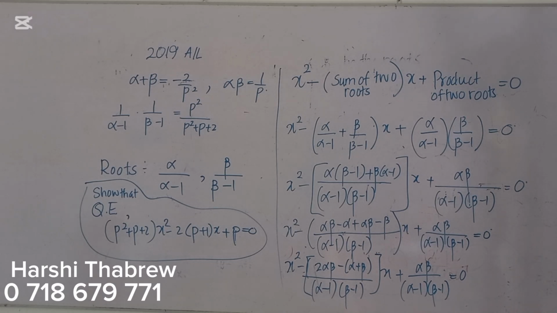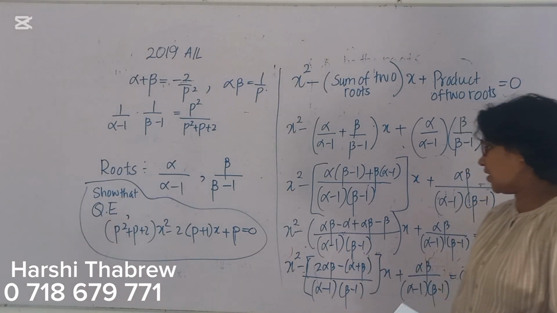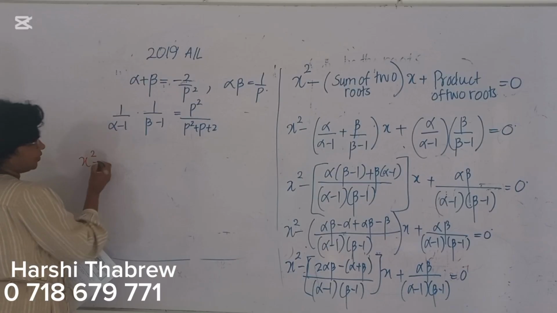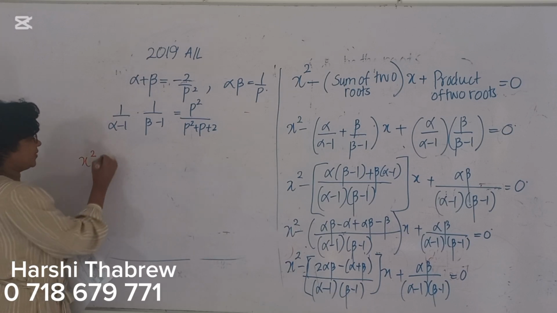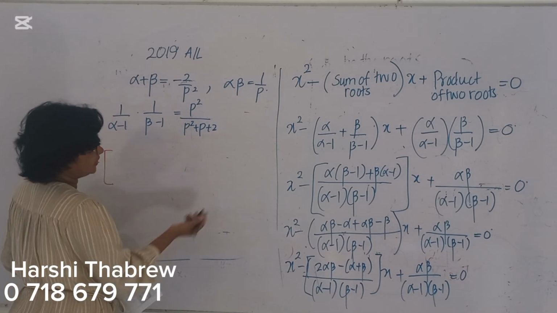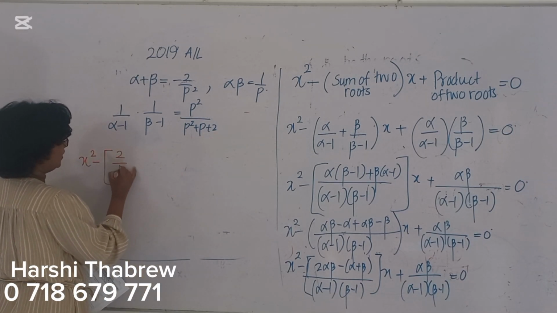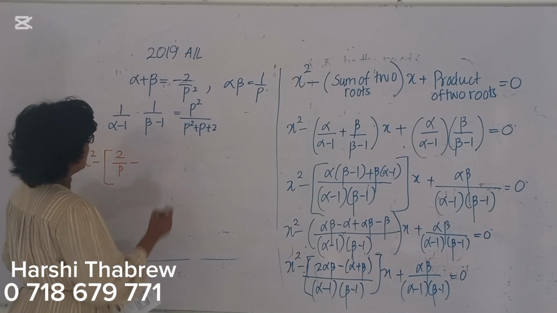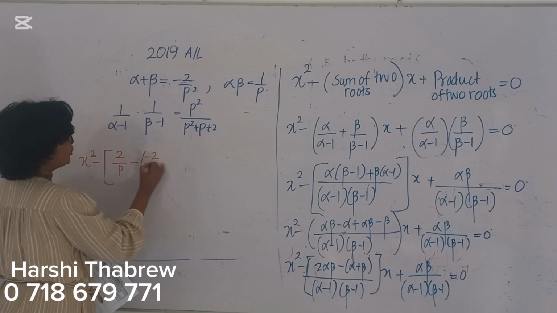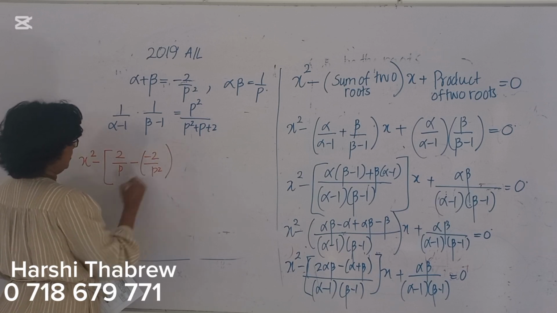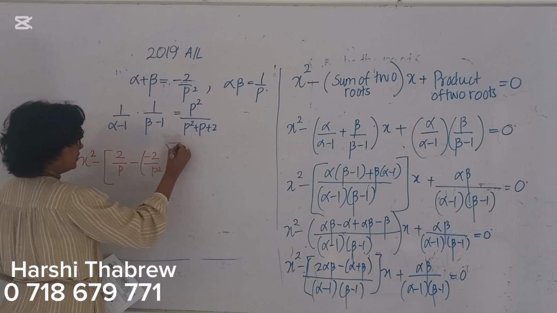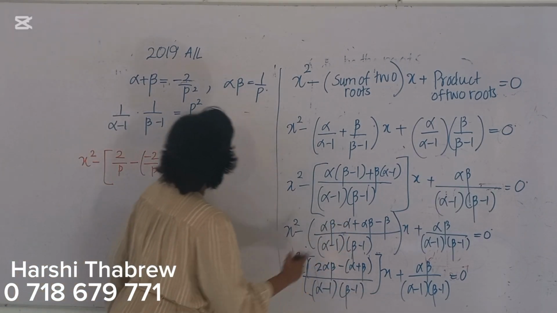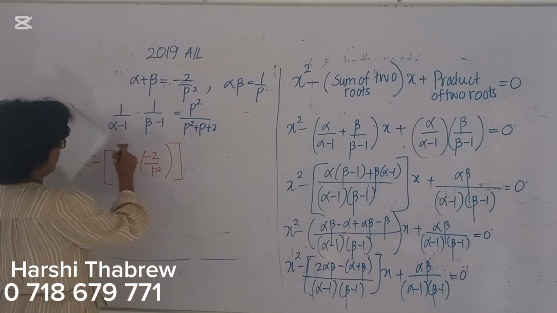So you have to substitute values for these parts. Let's see how we can do it. x squared minus 2 times alpha beta, that means 2 over p, minus alpha beta, alpha plus beta is minus 2 over p squared. Then you have the alpha minus 1, beta minus 1 product.